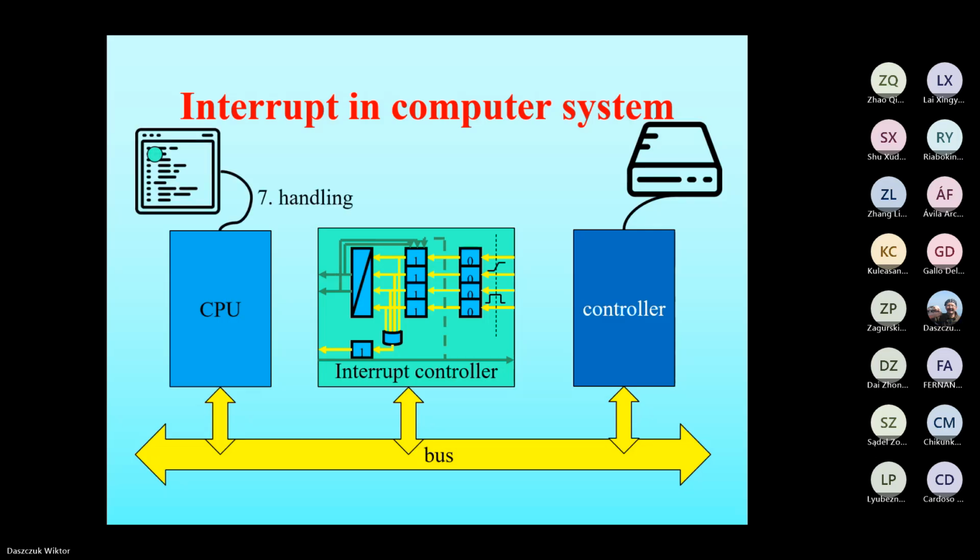CPU makes a jump when it gets the interrupt number. A jump to the interrupt handler. It's just a procedure. Typically, it is contained in a device driver. So it executes this procedure.